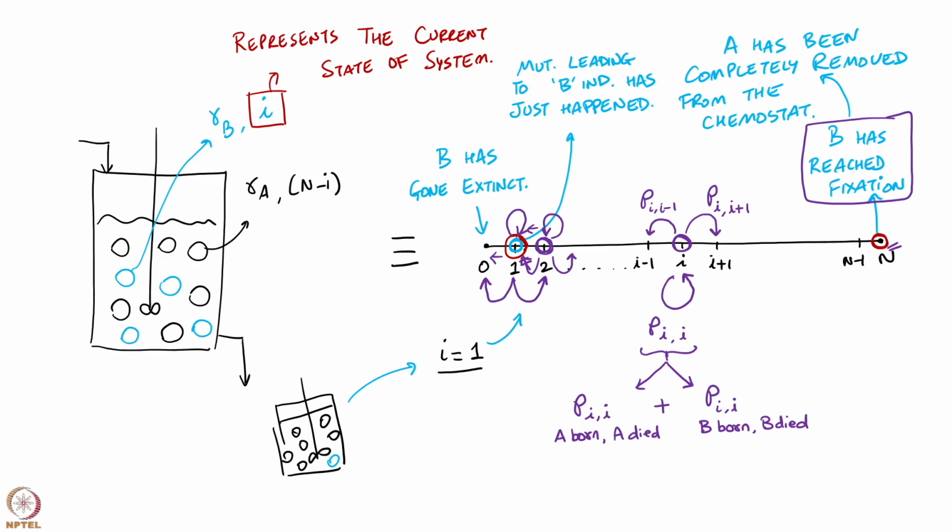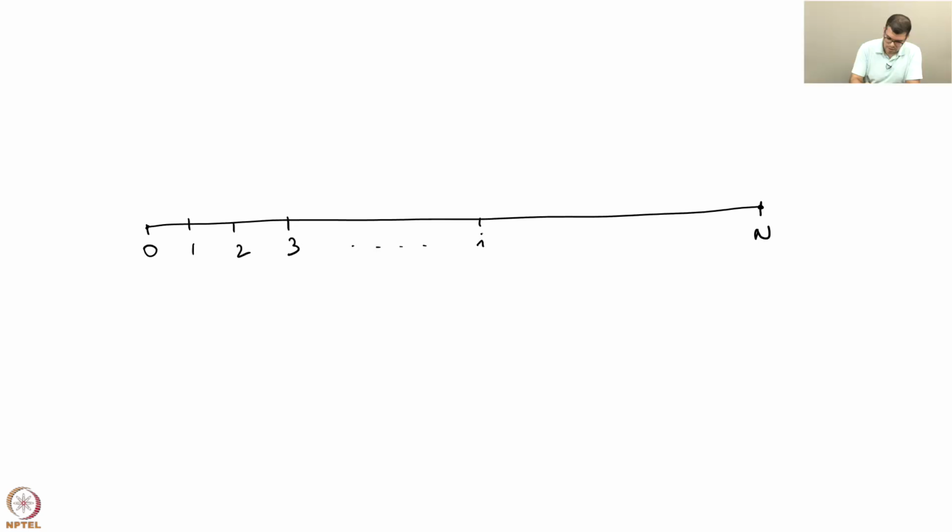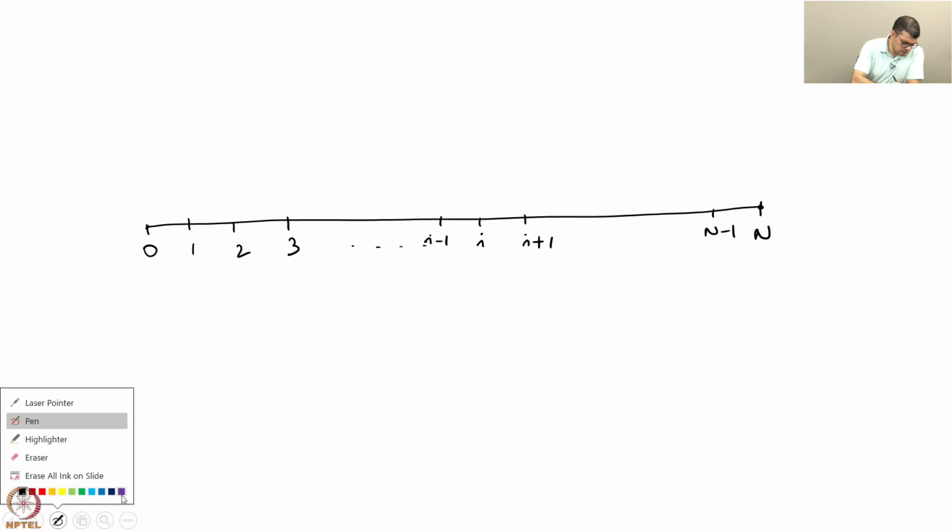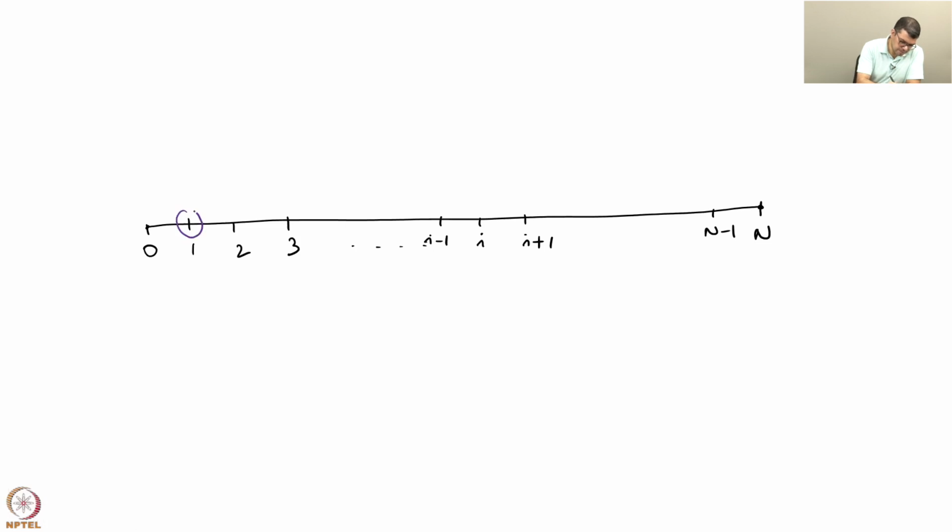So, let's once again understand this number line business. I plus 1, I minus 1 and minus 1. Our goal is starting from here.